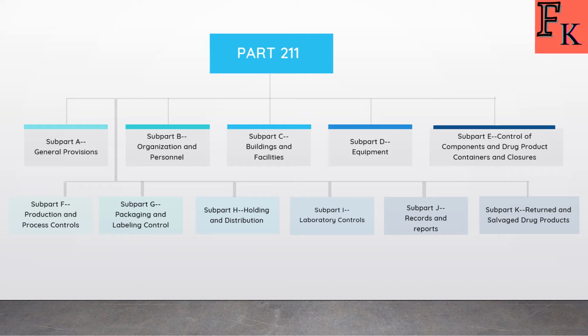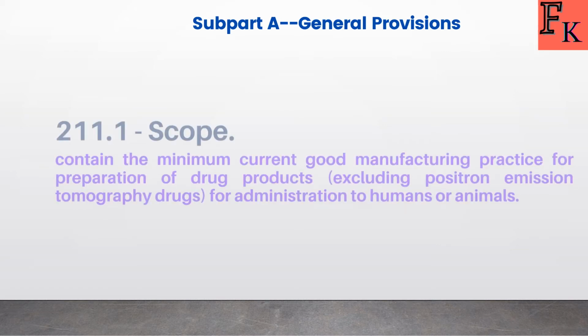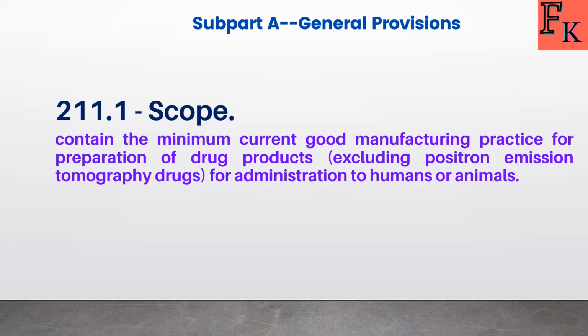So in this video, we will mainly discuss subparts A, B and C. Otherwise, the video will be very lengthy. Let me elaborate further on subpart A. Subpart A, general provisions. In this, the first section is 211.1, that is scope.